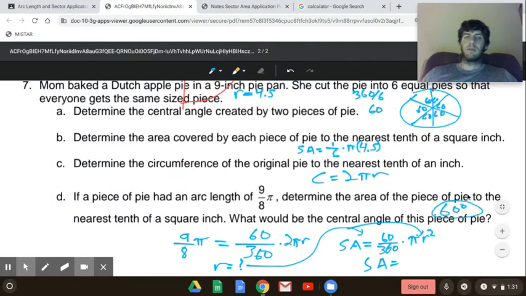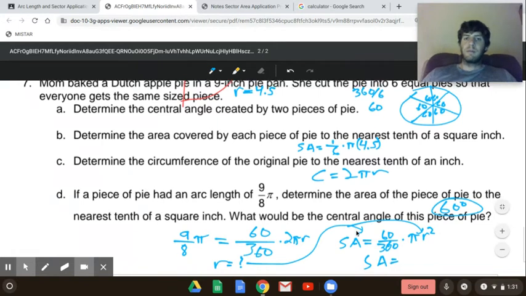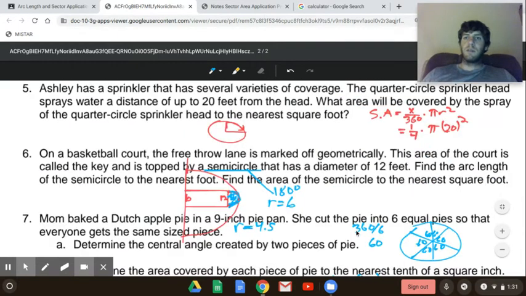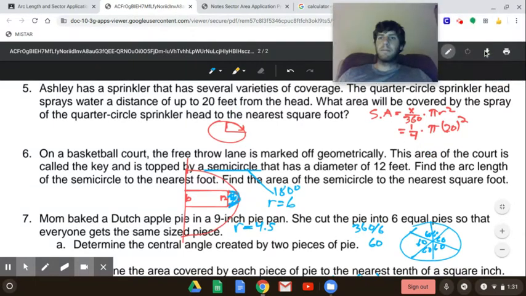We already kind of solved that up here. Okay, so for this one, you have to use the arc length to find the radius. Once you find the radius, you can plug it into the sector area formula to find the area of the one piece of pie. Okay, so that is the 7 questions for your applications problems for arc length and sector area. Let me know if you have any other questions so I can help you.